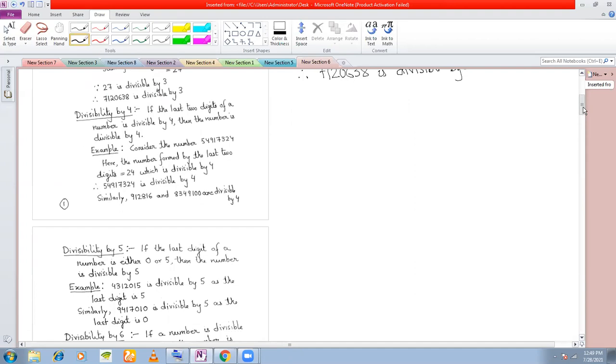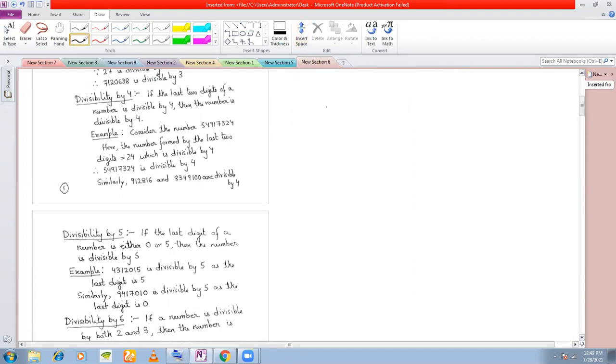Next, divisibility by 4. When is a number divisible by 4? If you see the last two digits of the number, the tens digit and the units digit, the number formed by them, if it is divisible by 4, then the entire number is divisible by 4. Let's see this number. I want to check whether this number is divisible by 4. So I take the number formed by the last two digits.